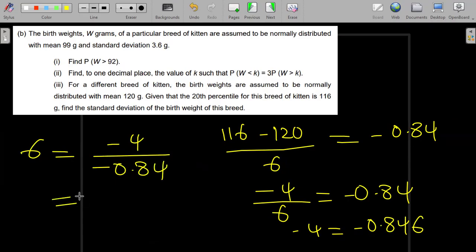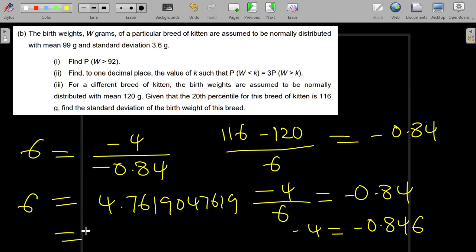So this one is going to give me what now? So just go on your calculator and then you punch this. Okay, so we have minus 4 divided by minus 0.84. So I'm getting my sigma to be approximately 4.761904761.